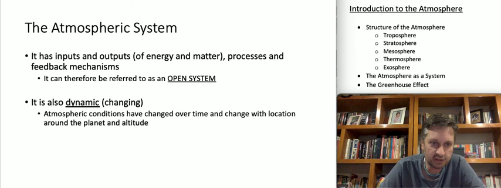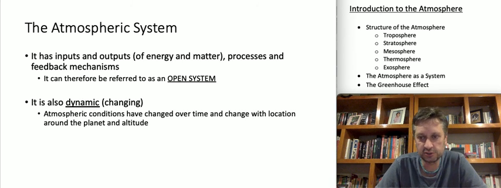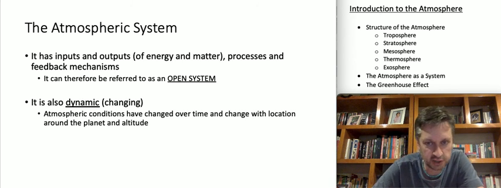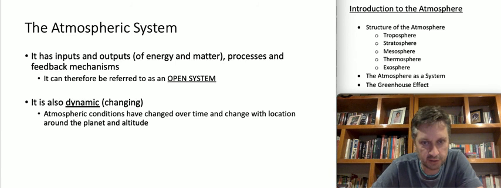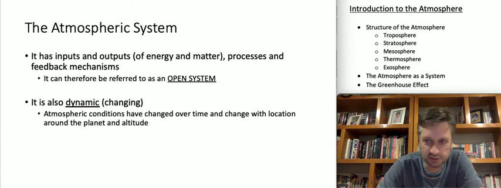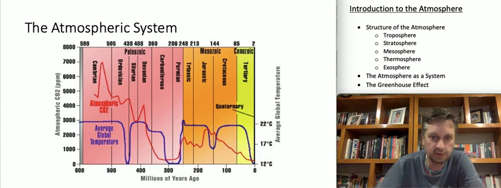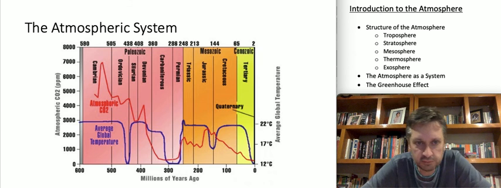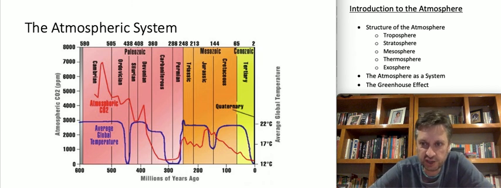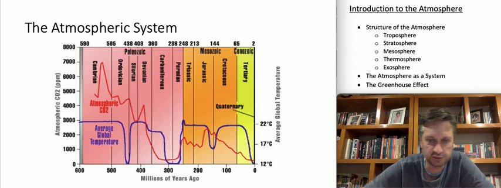It's dynamic in nature because, as I've said, it changes over location and time. It also changes in terms of altitude. In terms of time, you might not know this, but there have been big changes in atmospheric composition over time.